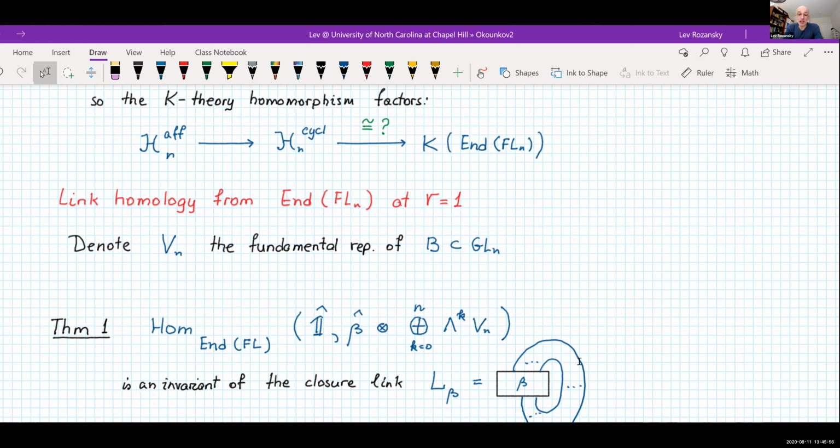Okay, so the case R equal to 1, the case of the Hilbert scheme, gives us a little bit more. We can get link invariance out of this construction, which was the whole purpose, in fact.